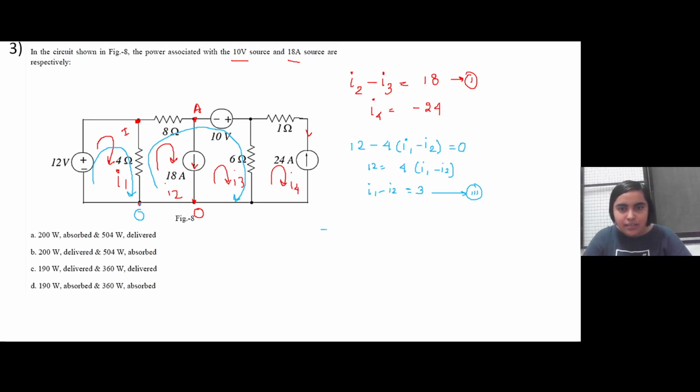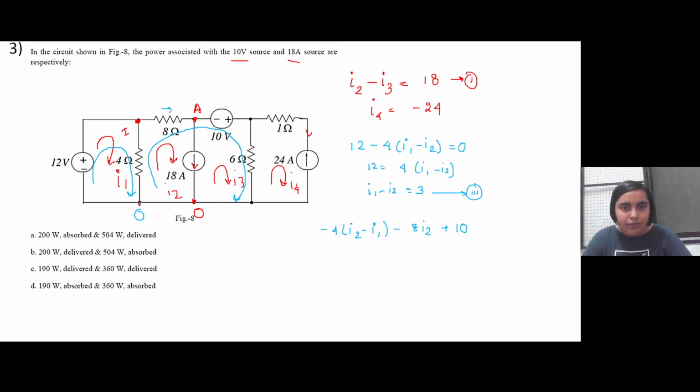So basically it is minus 4 into I2 minus I1. Then through the 8 ohm resistance only I2 current is flowing, right? So minus 8 into I2. Then we come across this voltage source. Now this voltage source we are entering through the negative terminal, so let it be 10.